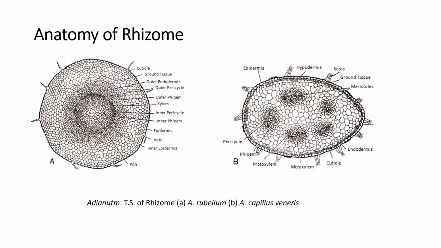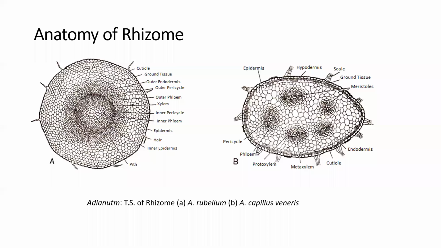Now the anatomy of the sporophyte. First is the anatomy of the rhizome. The rhizome is differentiated into basically 3 regions.